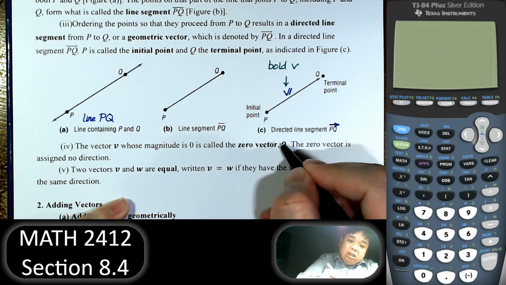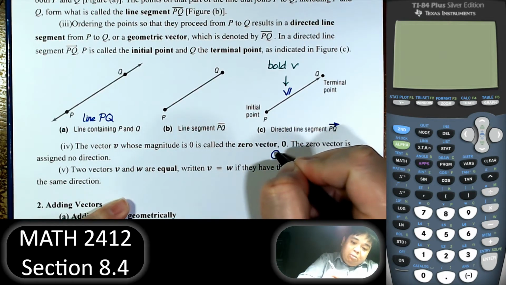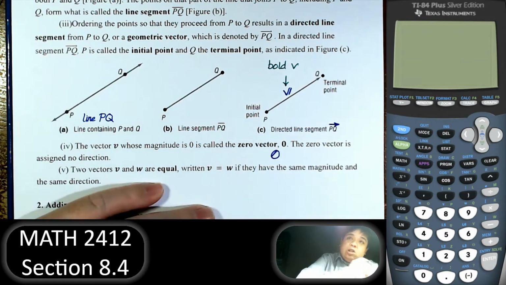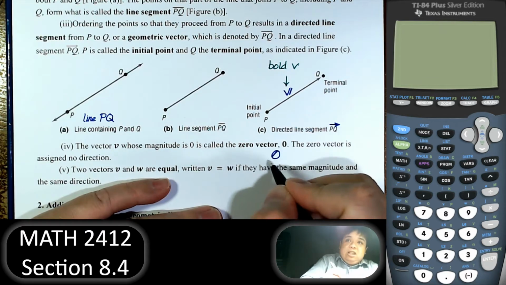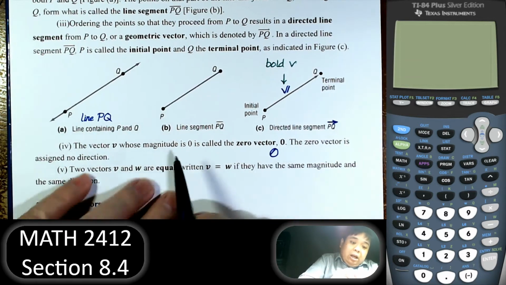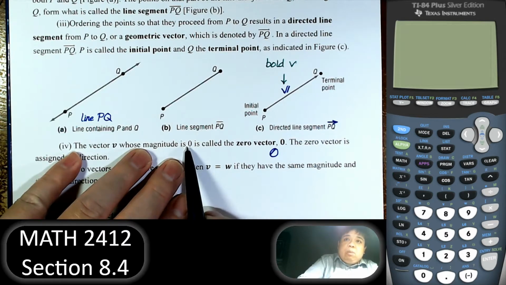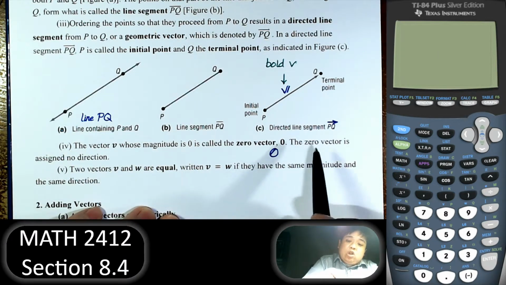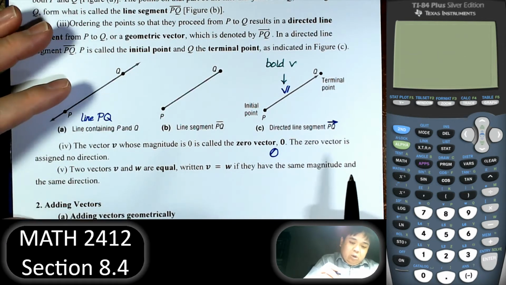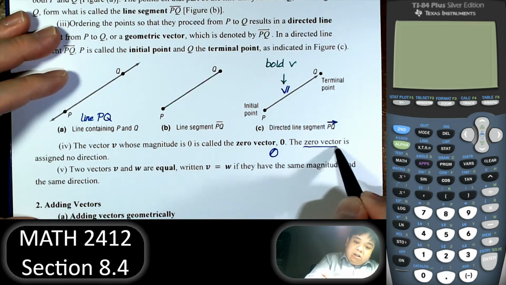If we cannot type it like that, then we write it by hand with an arrow. So the zero vector is the boldface 0, to distinguish the zero number from the zero vector. The zero vector has magnitude equal to 0, and of course it has no direction.